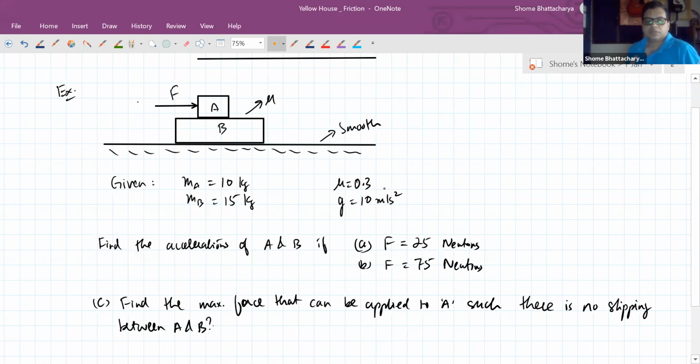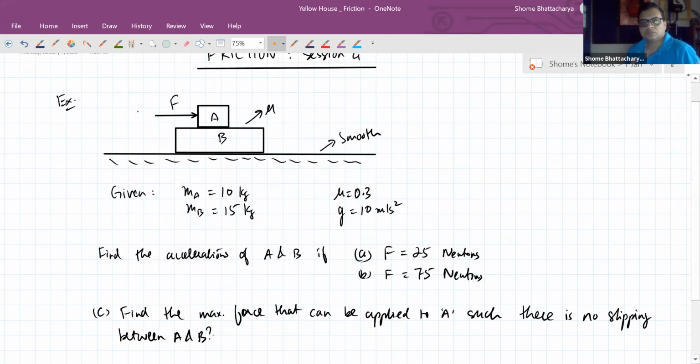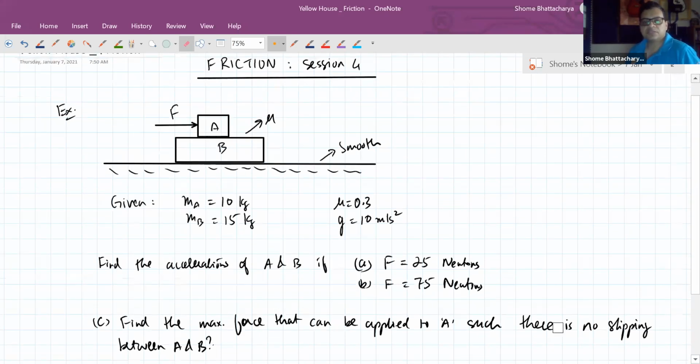Okay, so let's start with this question. Try this out, people. Just apply the similar method that we discussed in the previous lecture. Given a certain amount of force, you start with an assumption that there is no slipping between A and B, and calculate the common acceleration by making a combined free body diagram.